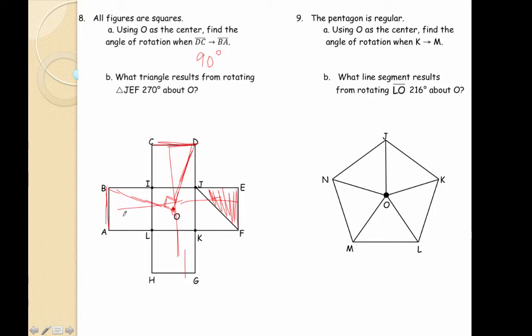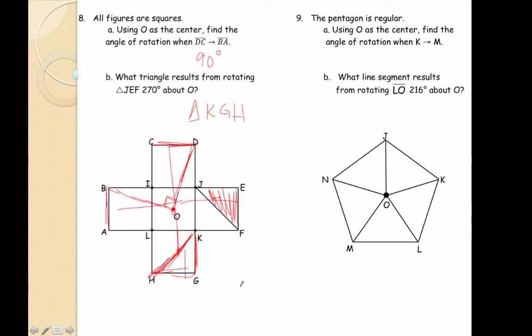So we go 90, 180, 270, we land here, and J lands on K, E lands on G, F lands on H, so this is the triangle that we get. So J went to K, E went to G, F went to H.